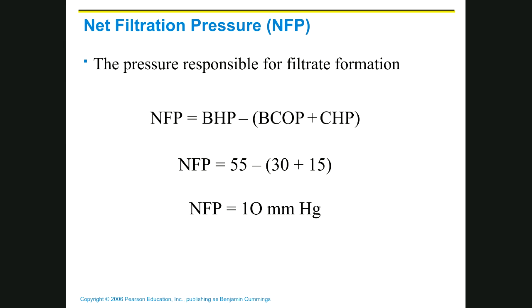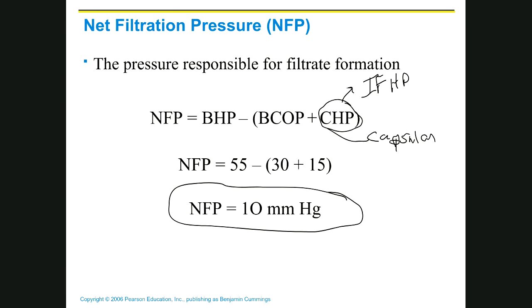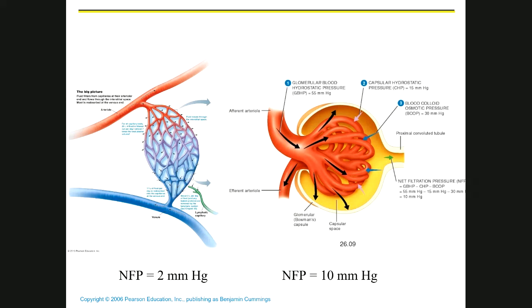We're going to use basically the exact same equation. The only thing that gets changed is this, but it's exactly the same as interstitial fluid hydrostatic pressure. But C stands for capsule or capsular. So it's the pressure inside the capsule. But look, when I do it, I get 10. And 10 is going to give me 180 liters of fluid per day.